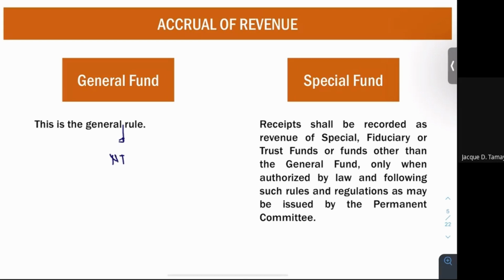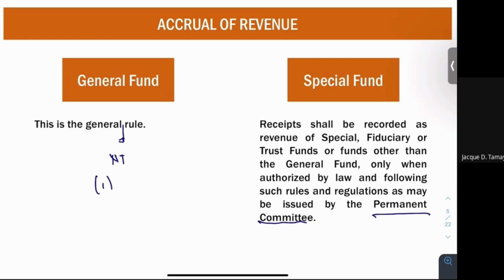Do you still remember this? This is the item number one we discussed a while back. And then it can also be accrued to a special fund. So receipts shall be recorded as revenue to your special, fiduciary or trust funds, or funds other than your general fund, only when authorized by law, following the rules issued by the permanent committee.